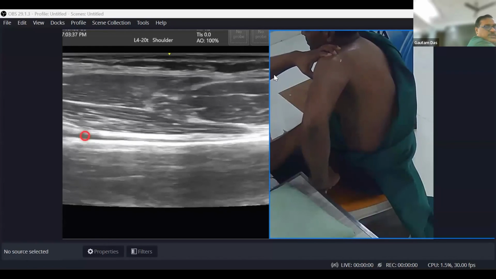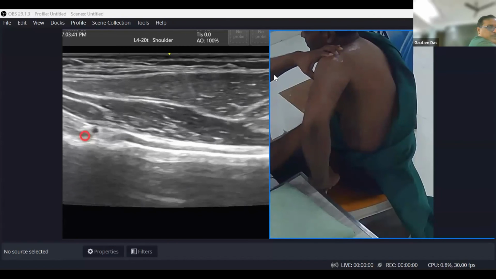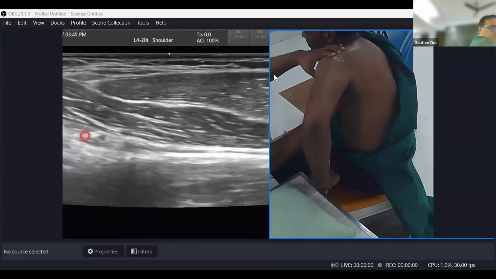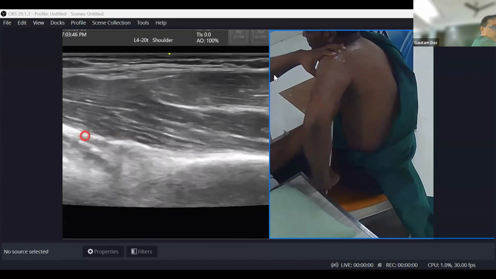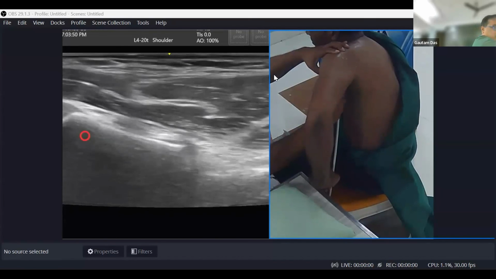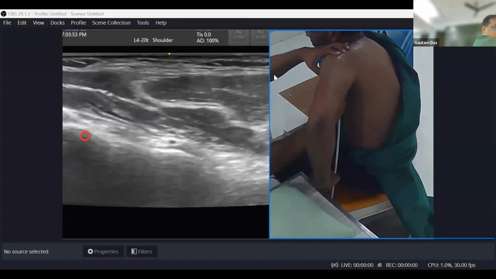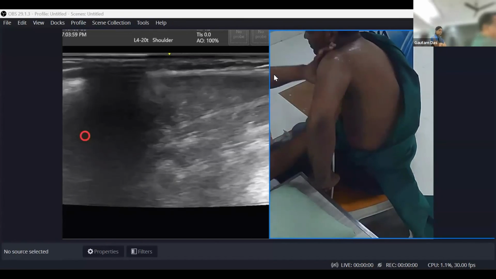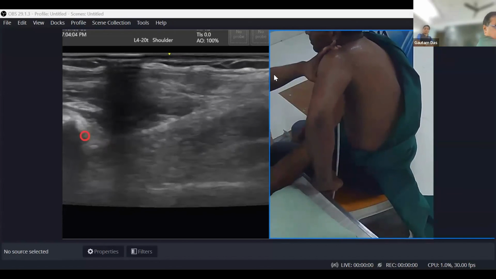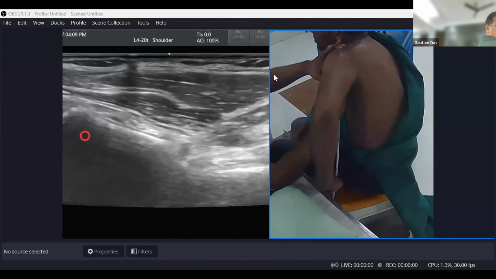So this is your humerus. I'm going more medially. This is your circumflex humeral artery, pulsating very nicely. Now I'm going more medially, more medially. Can you come and see it when I tell you? So this is the head.